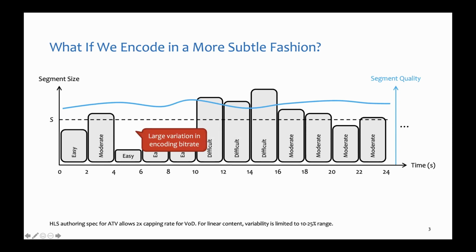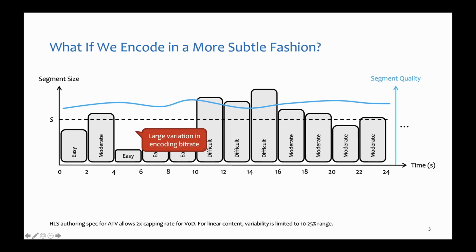Now we are able to use some of these encoding technologies in streaming, because the clients are getting better, but also the guidelines, for example, from Apple on HLS, also allow for some bitrate variation. For example, if you look at the latest Apple TV specs, they allow you to go up to 2x, which is like you can double the bitrate for a short amount of time for on-demand content.